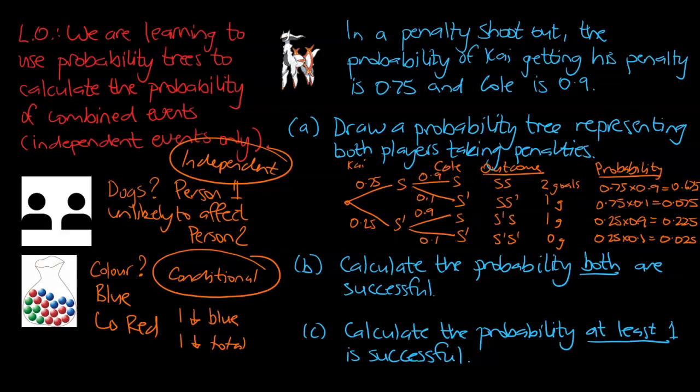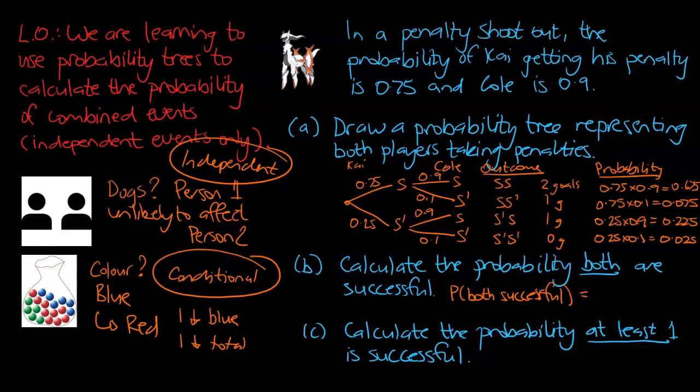So now that we've done our tree, we can now actually answer some questions, and normally these are a bit quicker. So calculate the probability that both are successful in their penalties. So probability, I'm going to write both successful. And we've now got to think of our branches up here, which of these would relate to being successful?